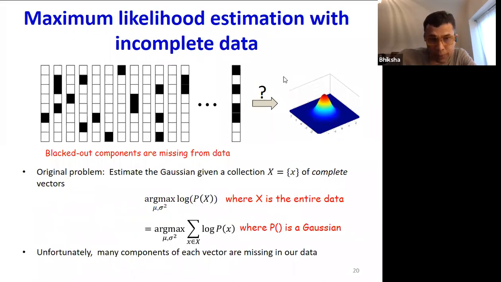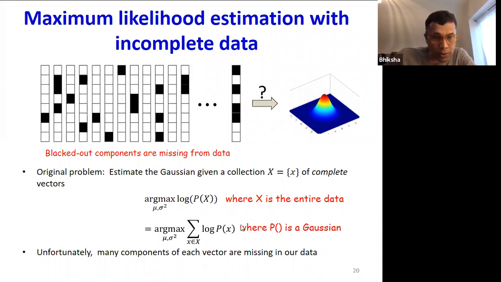We have a problem, because the maximum likelihood formulation that we saw works when you have the complete vector. What we did over there is assume you had a collection of complete data, so you could estimate the mean and the variance to maximize the log likelihood of the entire data set, where each vector was assumed to be complete.